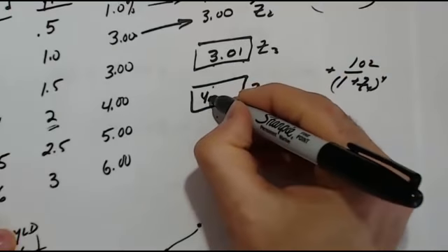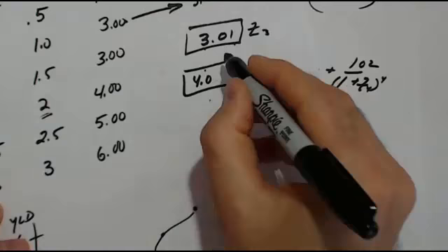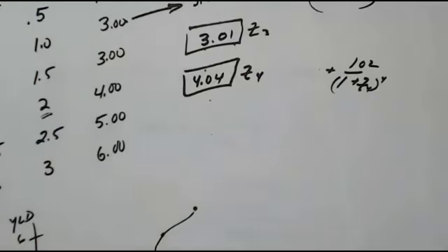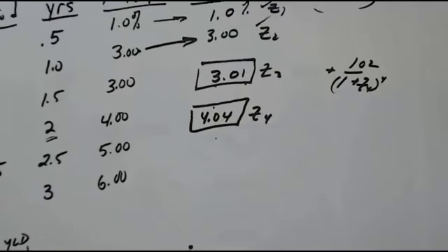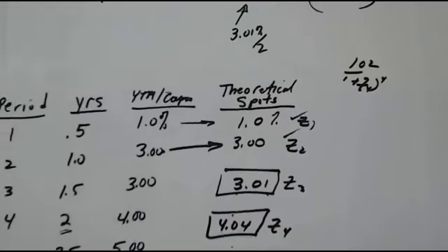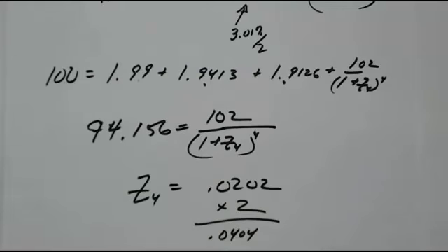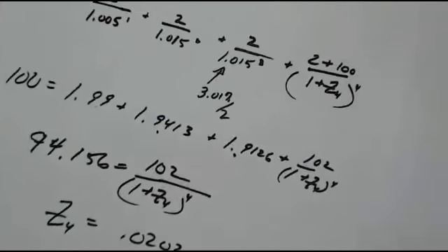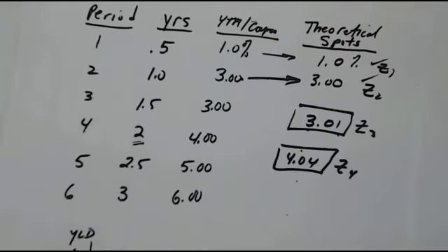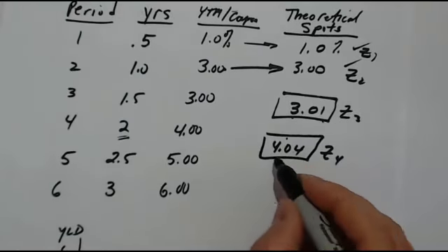Z4 is 4.04%. And if you continue with the calculations, I found it.